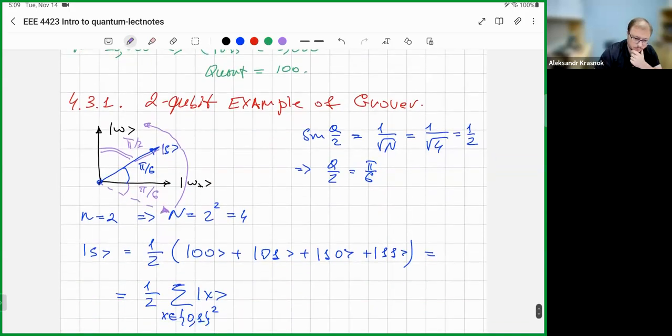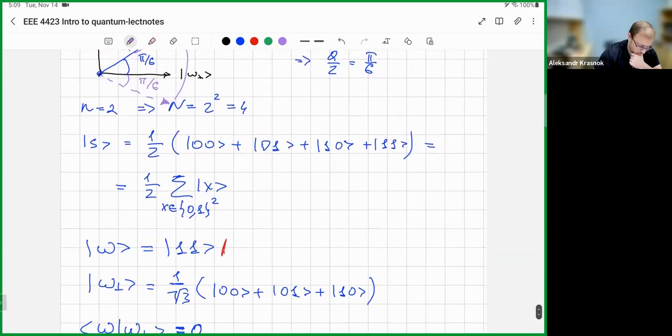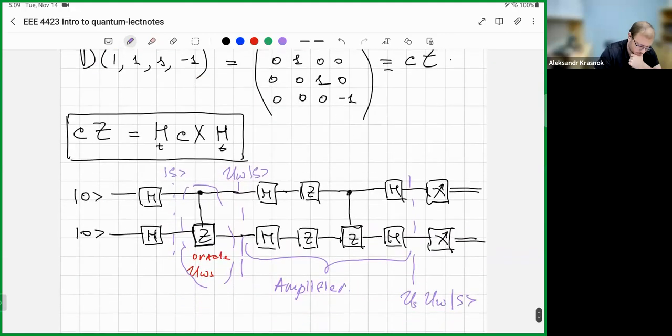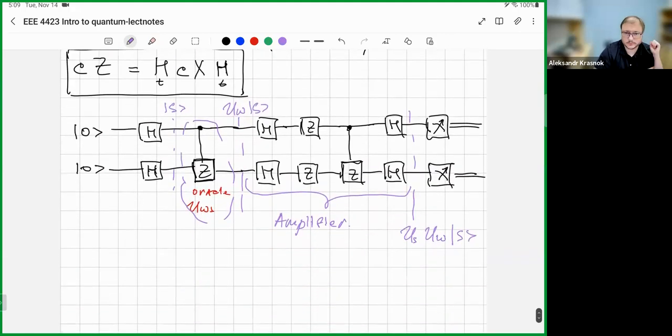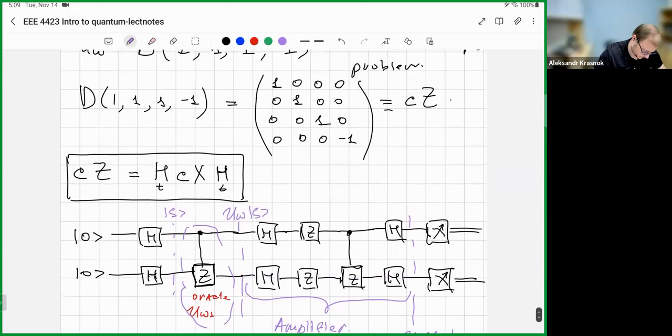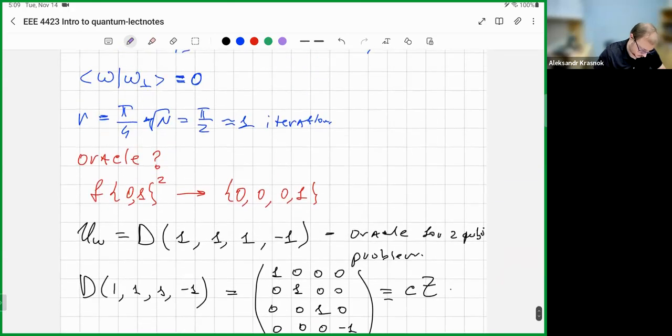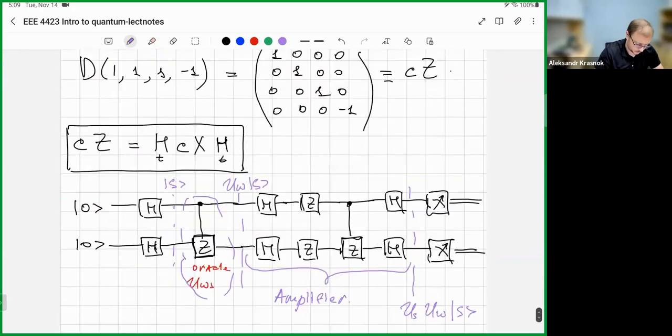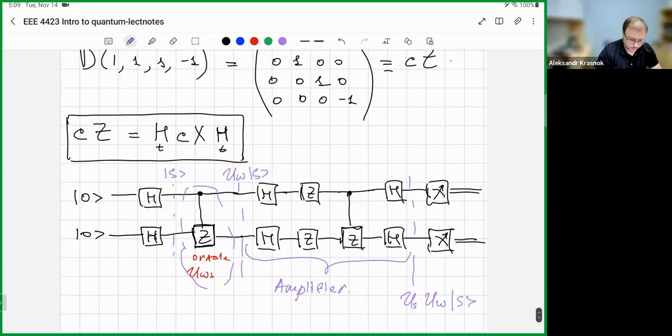As an example, we discussed this 2-qubit example of Grover's algorithm, and we designed the circuit that enables the search for the state 1, 1. For the state 1, 1, the oracle is particularly simple.